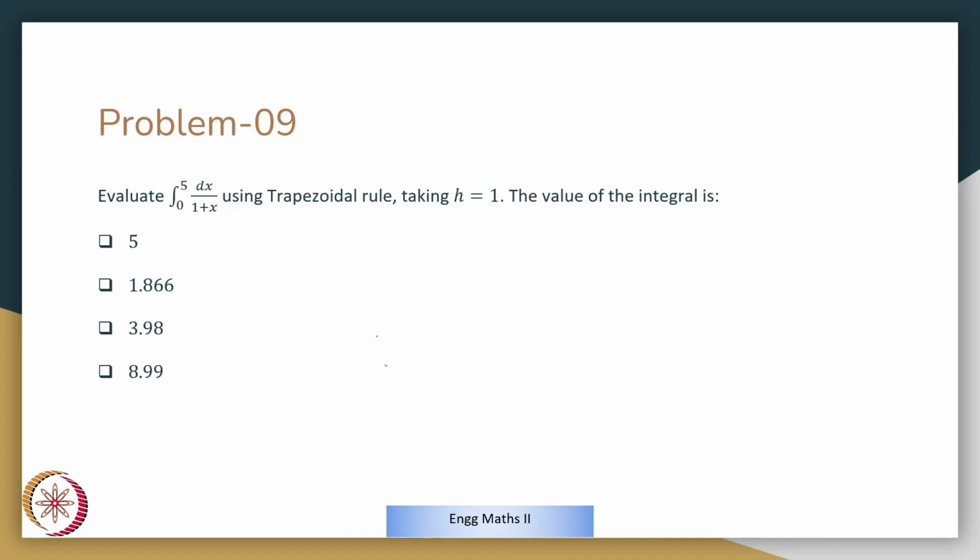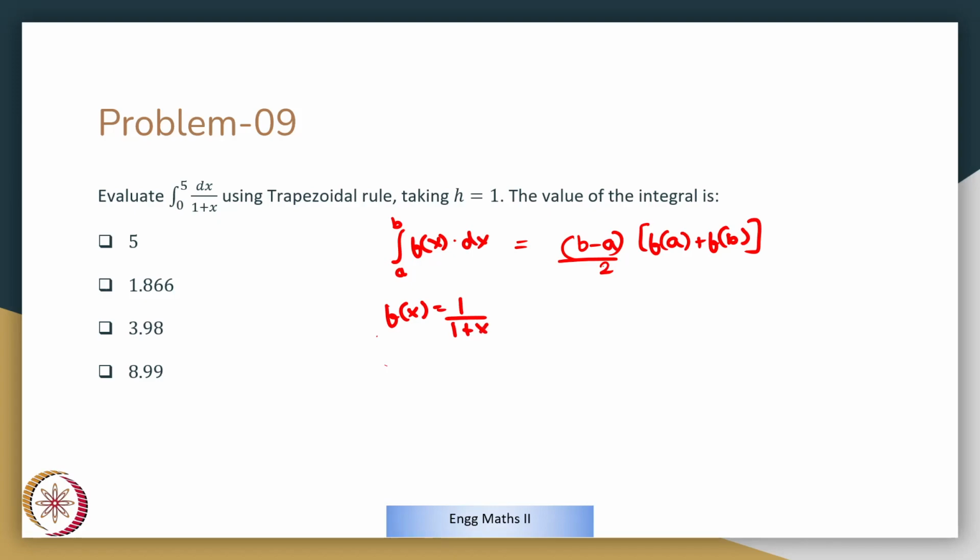So in the trapezoidal rule, when we are given to integrate f of x dx between a and b, we assume a trapezoid between a and b, and that gives us our trapezoidal area. So in our case, f of x is nothing but 1 by 1 plus x, a equals 0, b equals 5, which means f of a equals 1 upon 1 plus 0, which is 1, and f of b equals 1 upon 1 plus 5, which is 1 by 6.